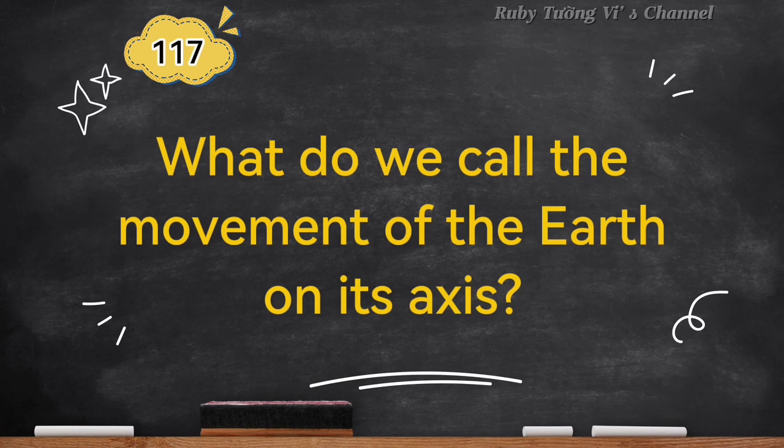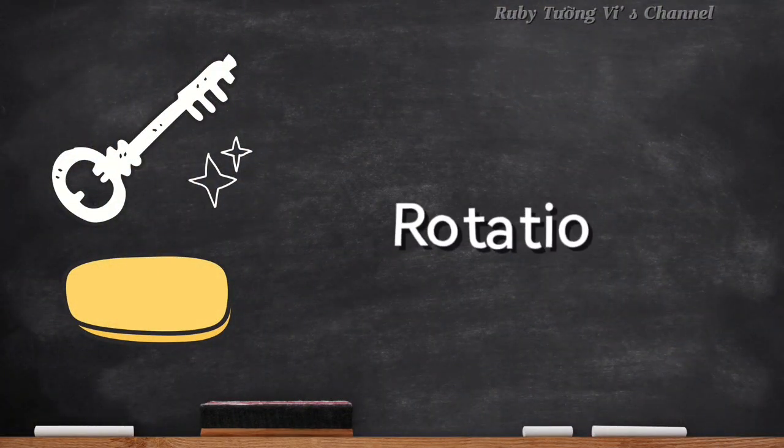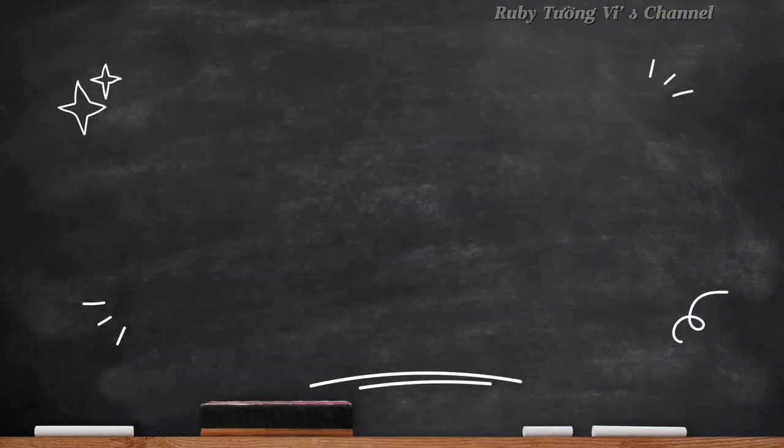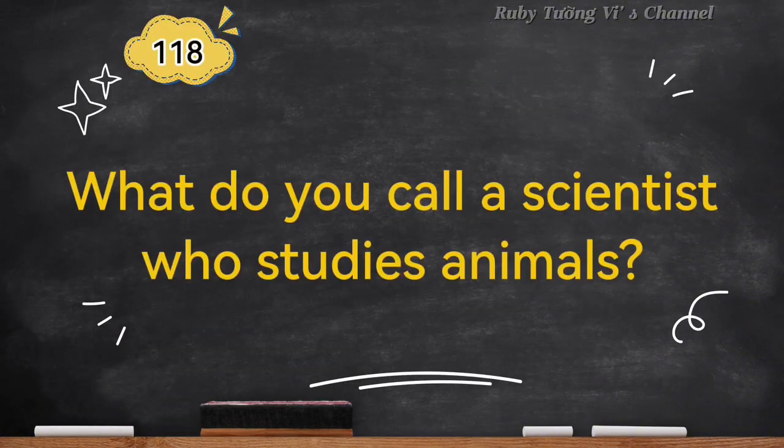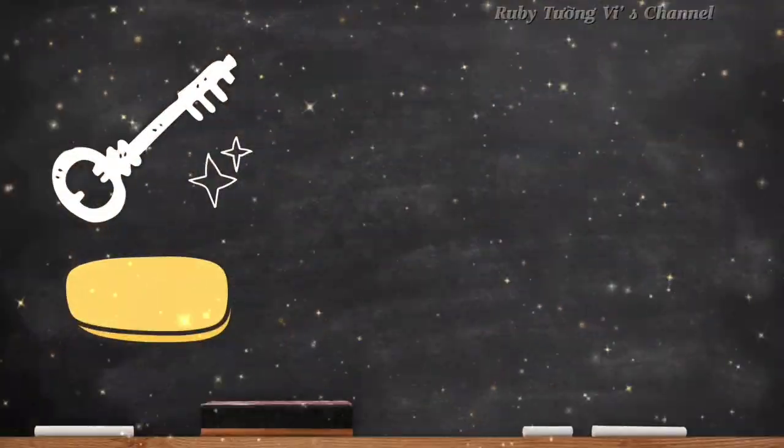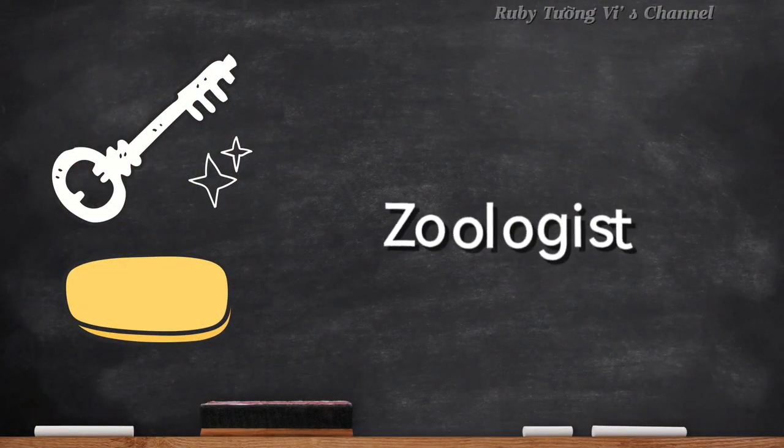What do we call the movement of the Earth on its axis? Rotation. What do you call a scientist who studies animals? Zoologist.